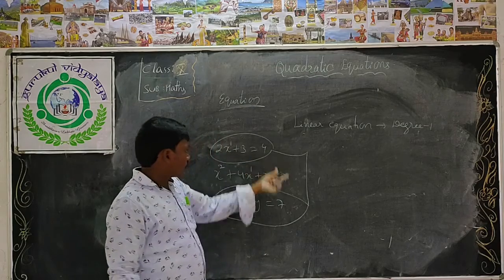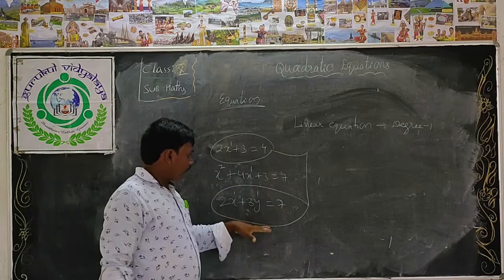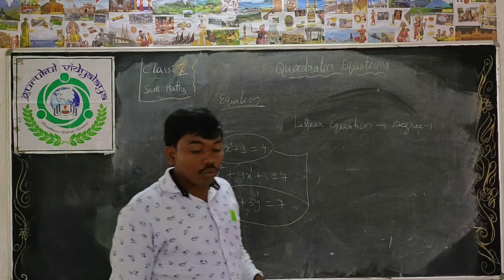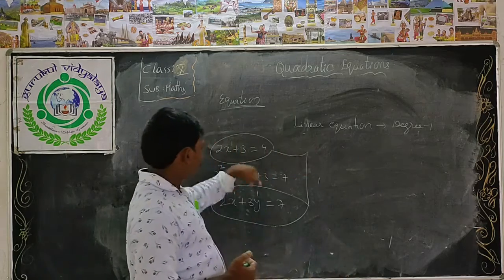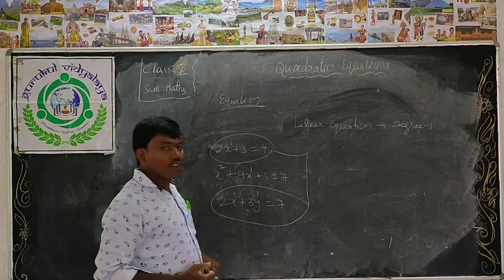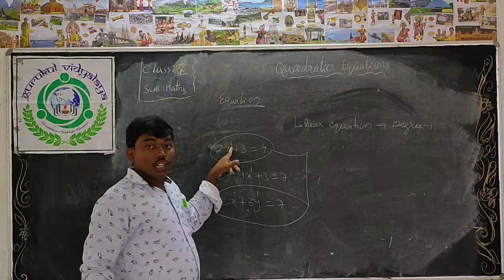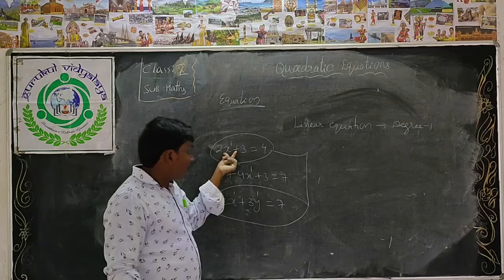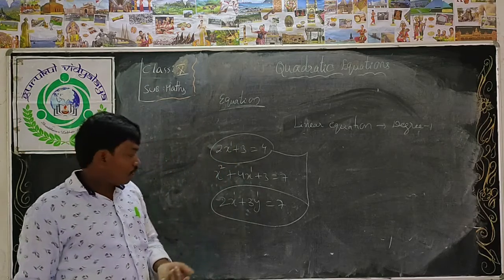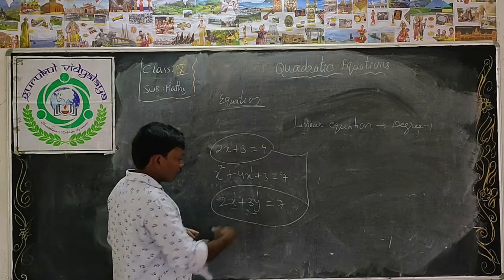If the degree of an equation is 1, the equation is called a linear equation. For example, 2x plus 3 is equal to 4 or 2x plus 3y is equal to 7. See the children, what is the difference between the two? This is also degree 1, this is also degree 1. This is the linear equation in one variable, only x is there. It is also called a simple equation. But here x and y, two variables are there.